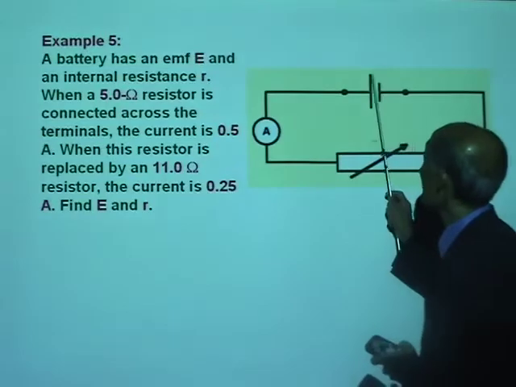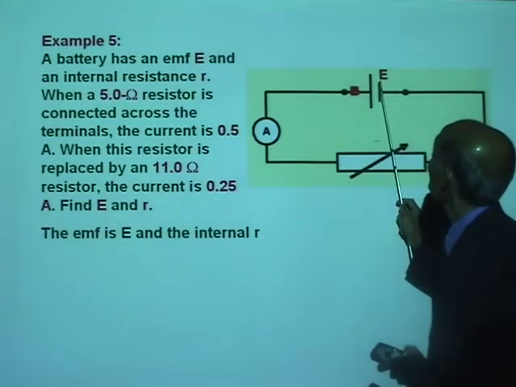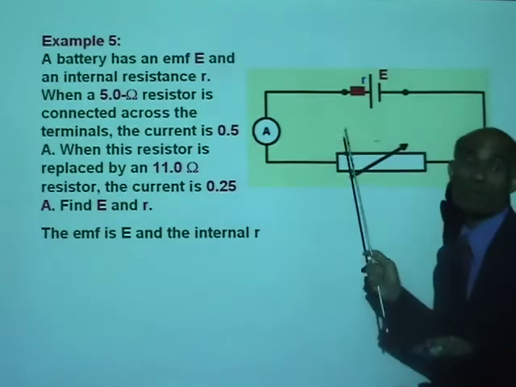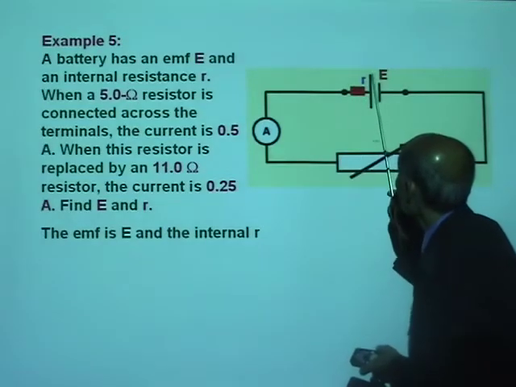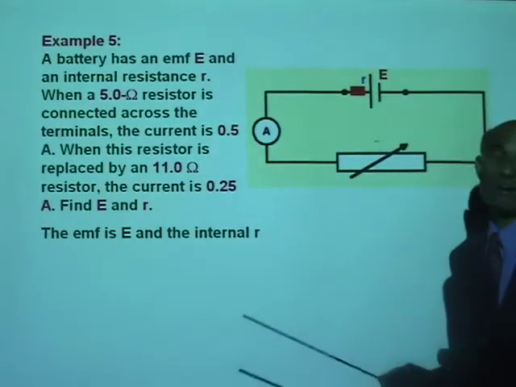Alright, here we have a battery. The EMF is E and the internal resistance is R. Now, you know how we represent the internal resistance. This stands for the resistance offered by the cell for the flow of current.